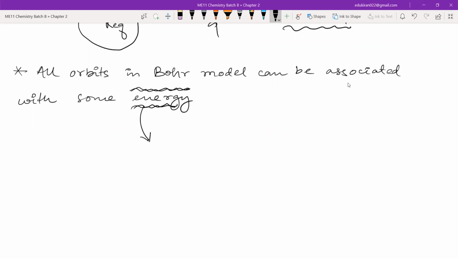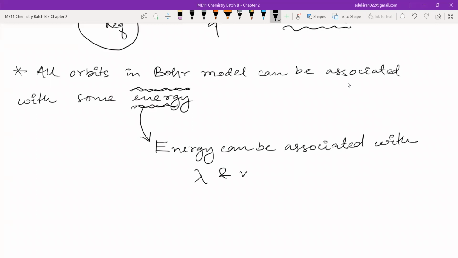That means that energy can be associated with wavelengths and frequency. Now, wavelengths and frequency are properties of waves. Okay? They are the properties of it.